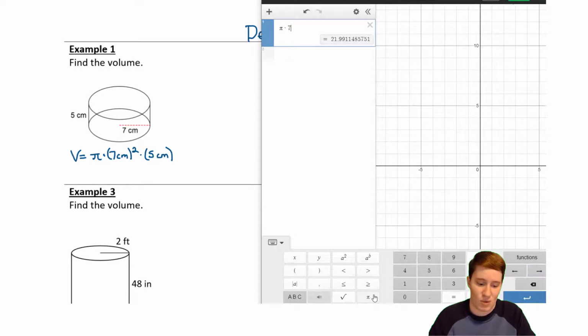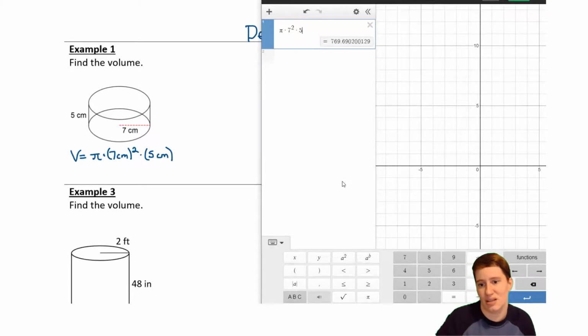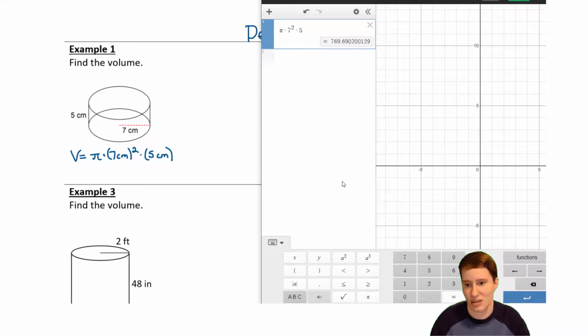To do 7 squared on Desmos, you can use this button down here, and then you would press a right arrow button, well, actually, you don't have to do that if you did a squared. And then times that by 5. You could see that it just kept updating as I typed more things in.